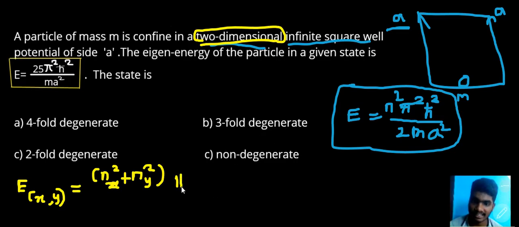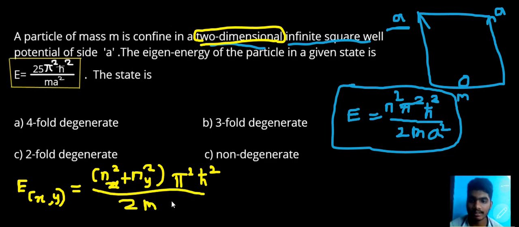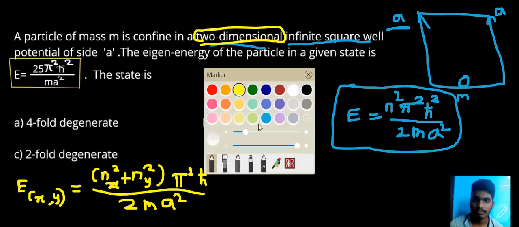The remaining is as it is, pi square h bar square divided by 2 m a square. From this you can get it.